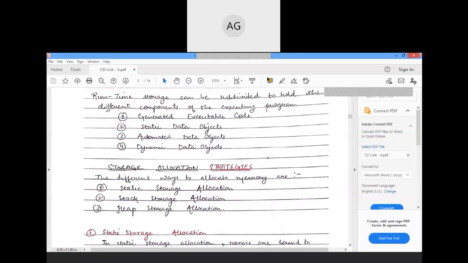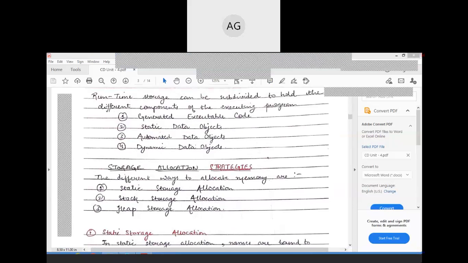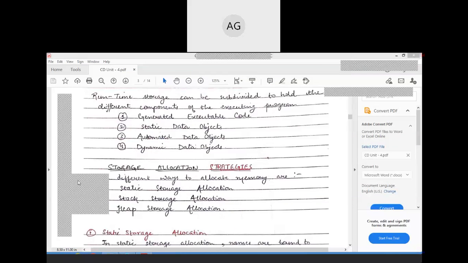Now this is a very important topic of this unit. The runtime storage can be subdivided to hold the different components of the executing program. So it can be done with the generated executable code, the static data objects, automated data objects, then the dynamic data objects.